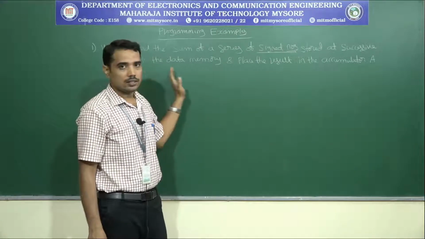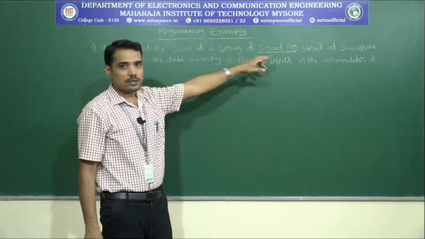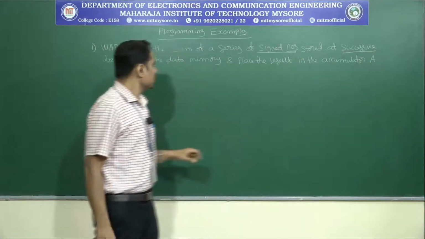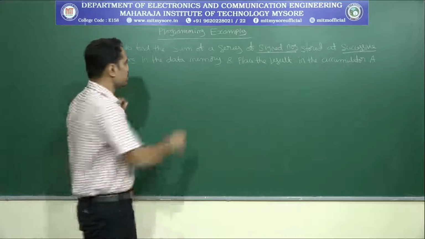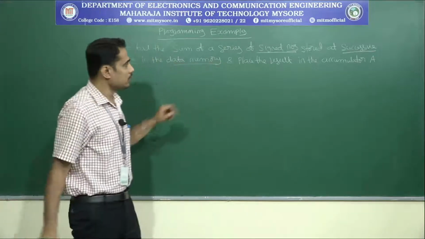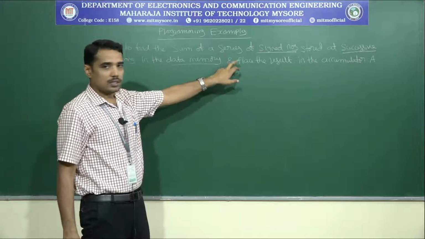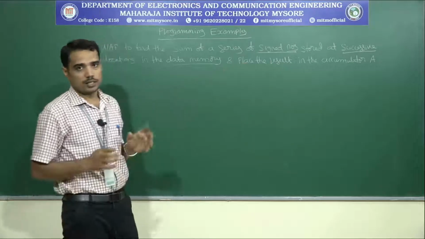We are adding a series of signed numbers stored in successive memory locations of data memory, and after computing the sum we have to store the result in the accumulator A.